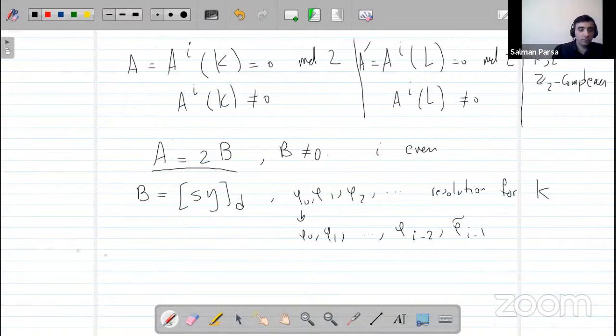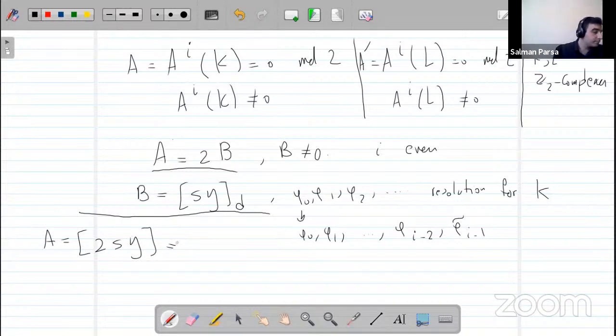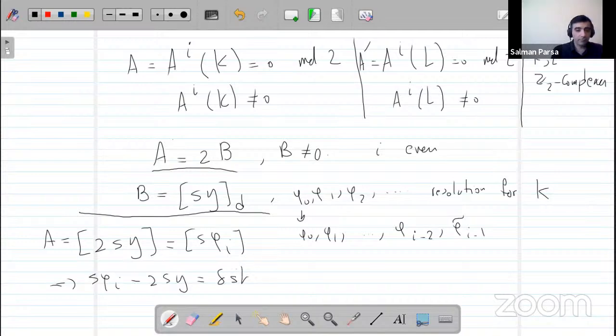And so this is therefore A, A is the class of 2 times S eta, and also is the class of S of phi I, and this gives us that there is some cochain like B where the difference between these two is the coboundary of SB.